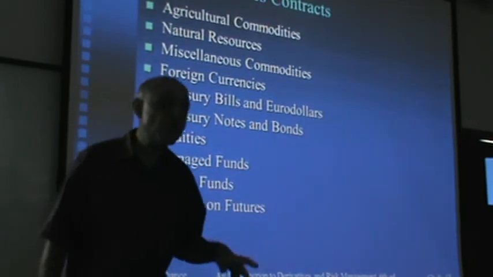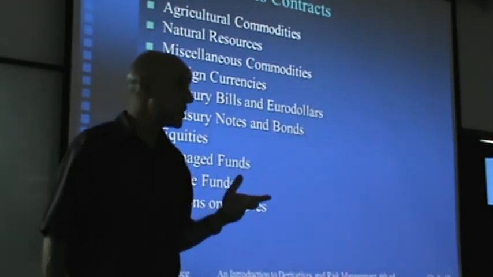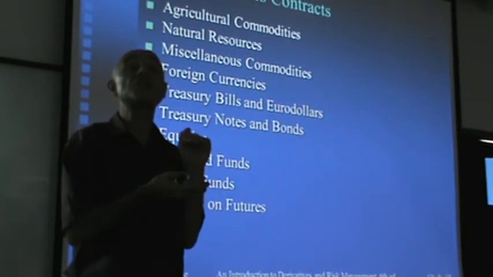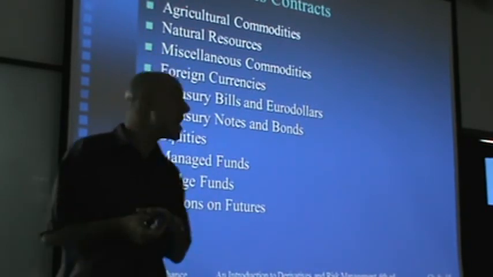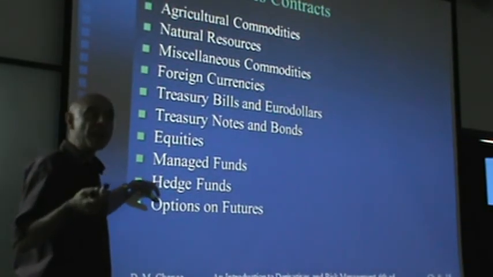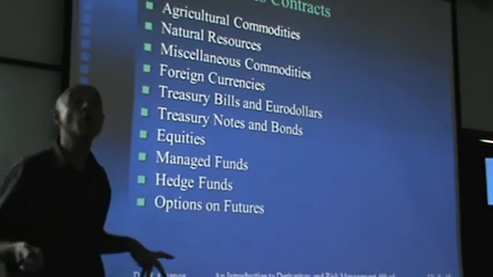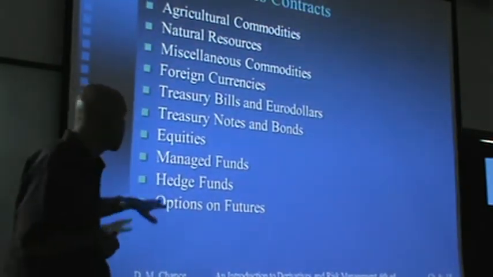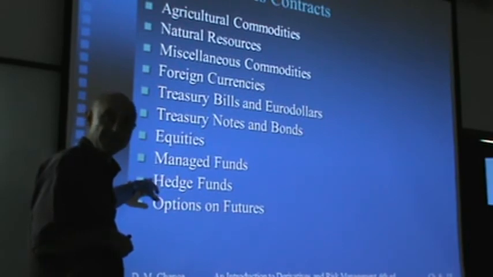You gotta be rich, you gotta have a certain sophistication, a certain net wealth, and a certain income. The hedge fund does not have to tell you where they invest or what they invest. The hedge fund will usually take a lot of risks, so these are very risky investments.